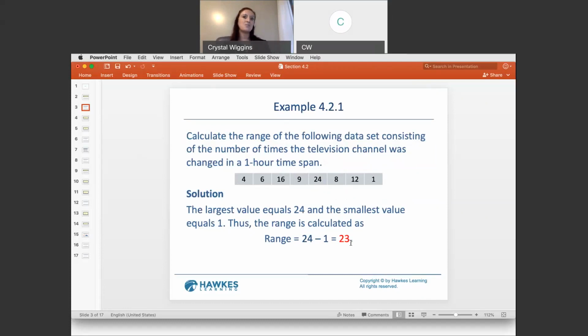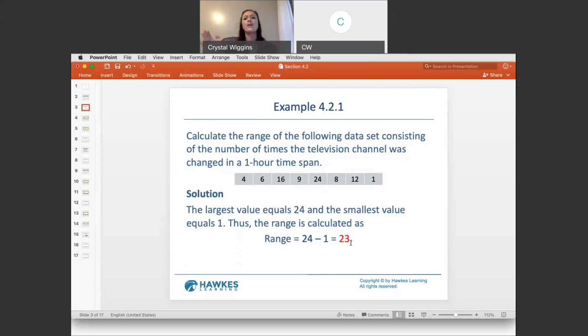Now, there are many times where the range really tells us nothing. For example, let's say I gave a test in this class and someone doesn't show up for the exam and gets a 0, and another student shows up and gets a 100. So my max grade is 100, my minimum grade is a 0, and 100 minus 0 is 100.